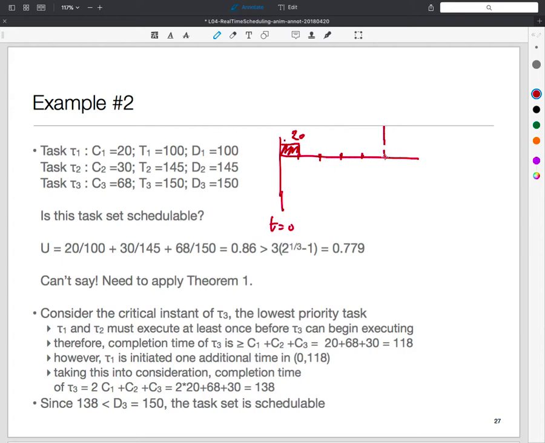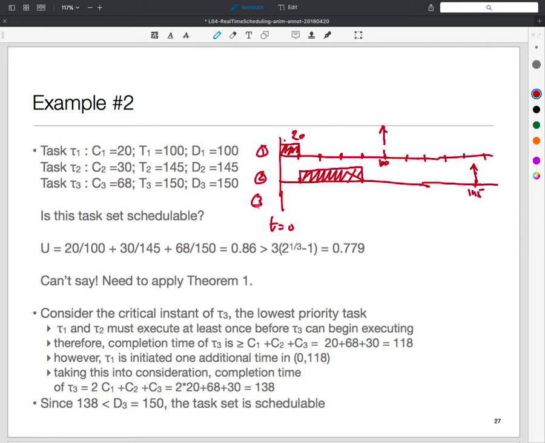At t equal to 100. So this is 1. Let's do task 2. So task 2 will get the CPU at this point, and it needs time 30. So that's task 2. And task 2's next copy arrives at somewhere here, 145. So we don't have to worry about it yet.